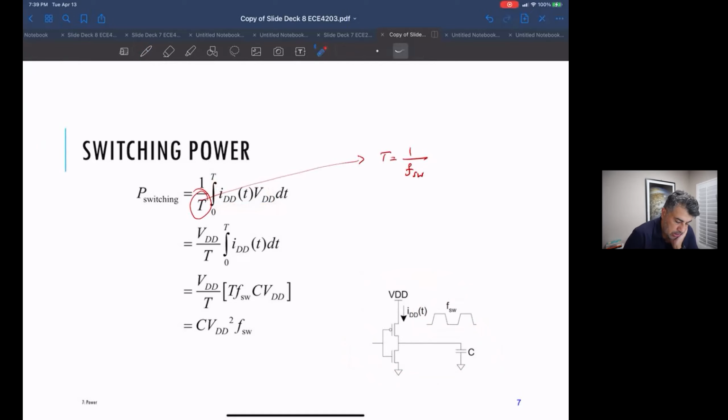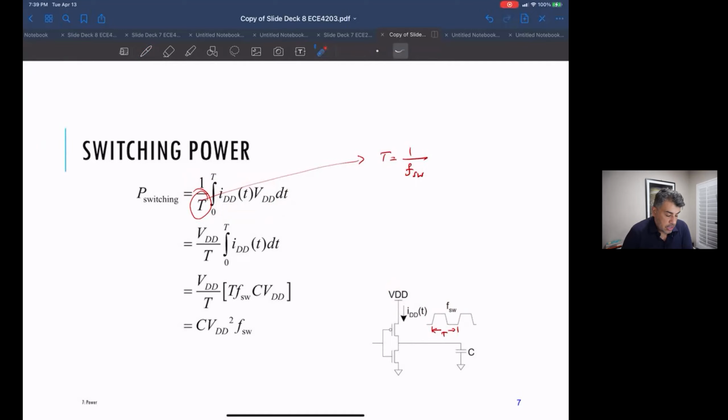If this is the frequency, this is the period T. Over that entire period, we want to look at what the power consumption is. This is the power consumption coming out of the supply.